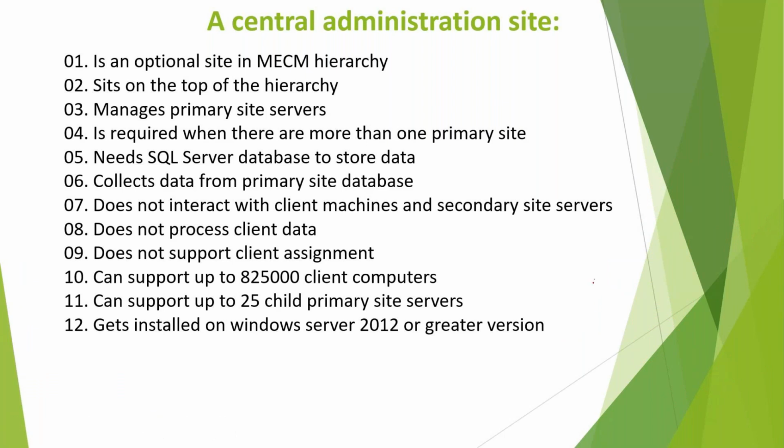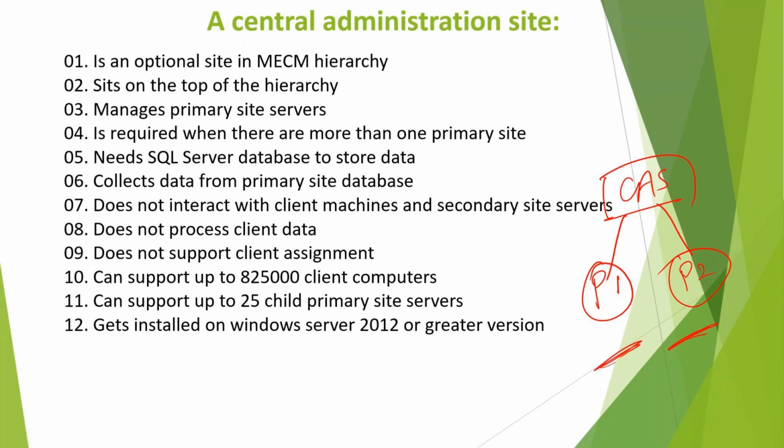Suppose you have primary 1, and primary 1 is not sufficient because it's a big organization and you have more and more devices to manage. So we need a minimum of 2 primary sites. You can have 3, 4, 5, 6, 7, 8, or 10 primary site servers, but a minimum of 2 primary sites is needed for a central to exist. So central comes into the picture when you have more than one primary site server.